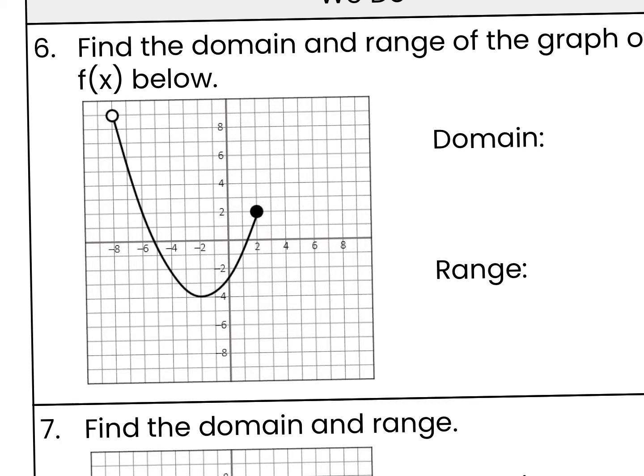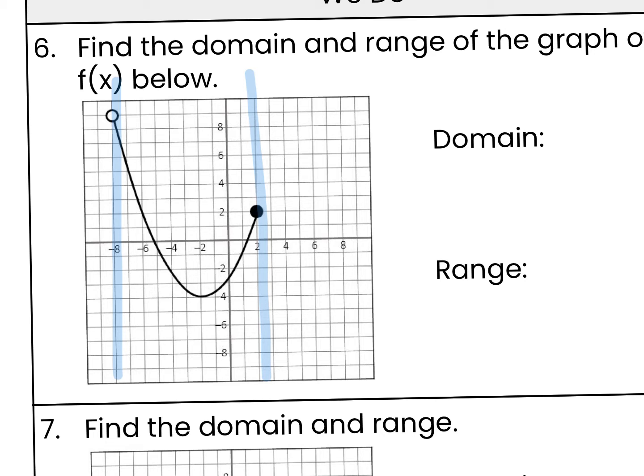I have an endpoint here, and I have an endpoint there. So my vertical line crosses this point, and it crosses this point here. Let me redraw that. So here, I know that I start at -8 and I go all the way to +2.